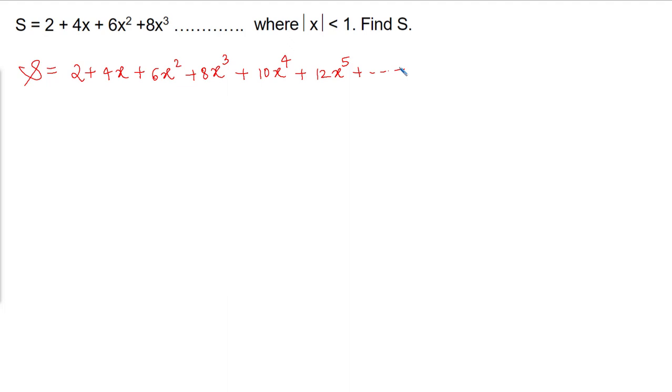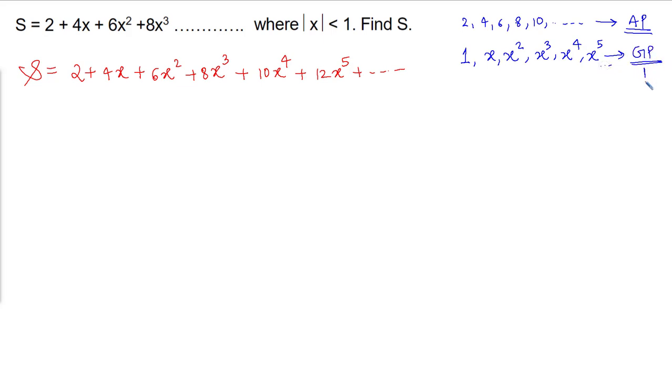Okay everyone, if you observe this series, 2, 4, 6, 8, 10 and so on, this represents an arithmetic progression. And if you observe 1, then x, x to the power 2, x to the power 3, x to the power 4, x to the power 5 and so on, this is nothing but a geometric progression.